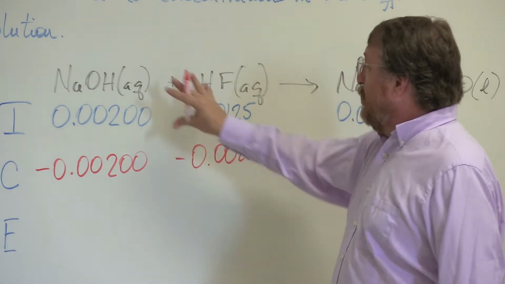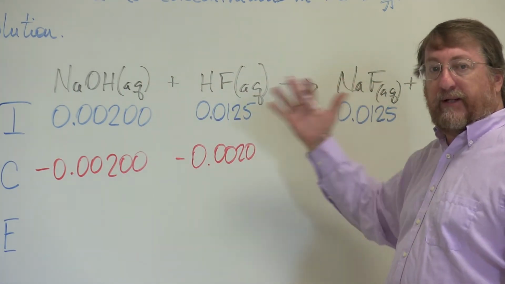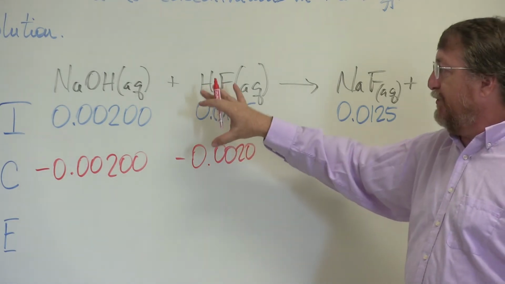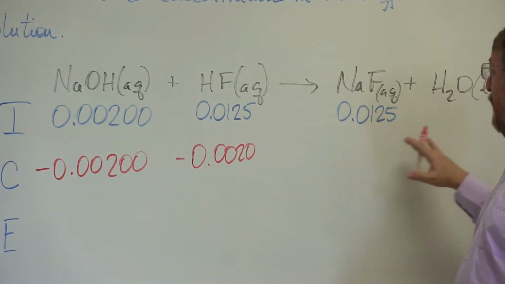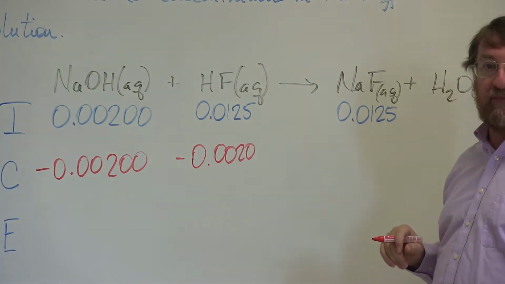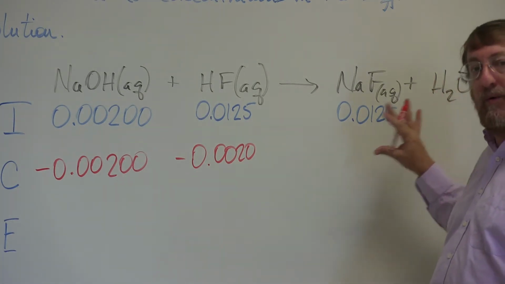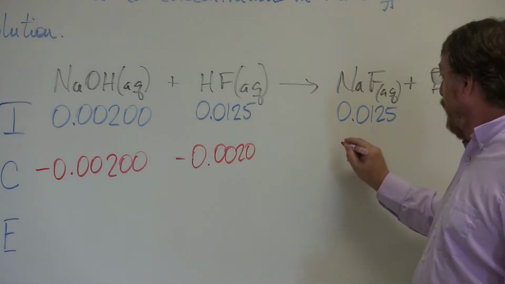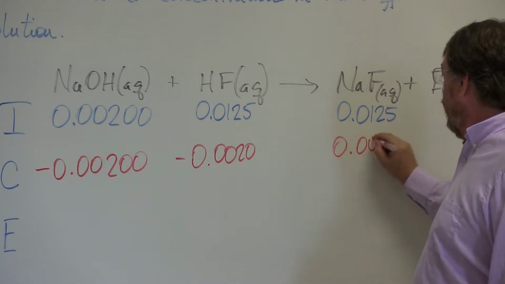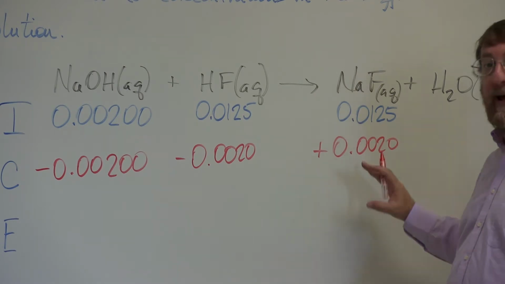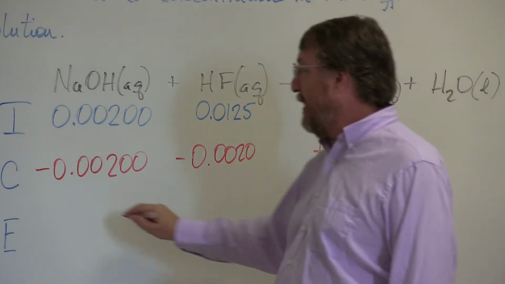Reactants make products. So if we have 0.002 moles going away, it has to be making 0.002 moles of the NaF and H2O. We don't really care about the H2O. We want to know the components in the buffer. So this is going to be plus 0.0020, because we're making products and consuming reactants.